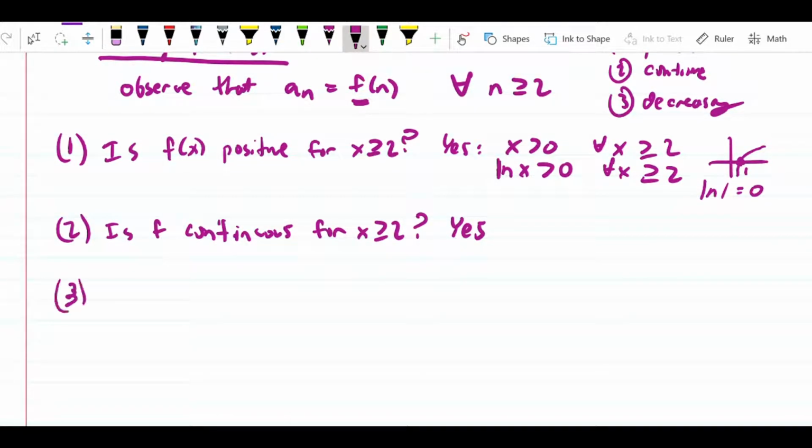So 3, I want to ask, is f decreasing? This is probably the one that involves the most work, especially the most work using calculus. Hopefully you recall how you prove that a function is increasing or decreasing from Calculus 1. The answer is you use a theorem called the monotone function theorem.